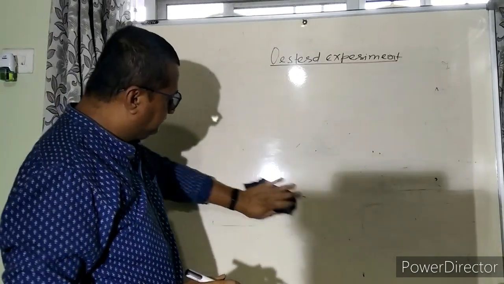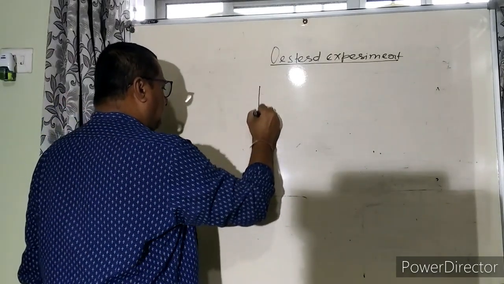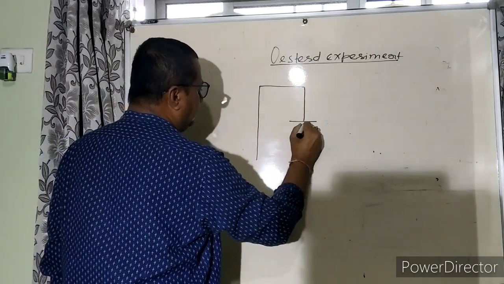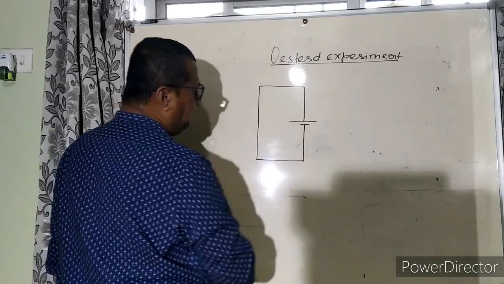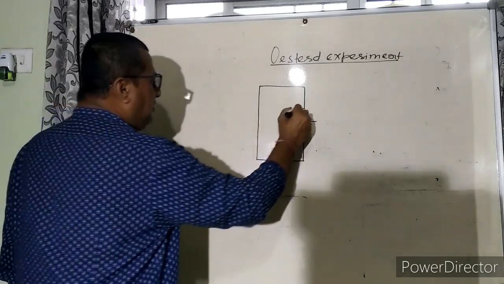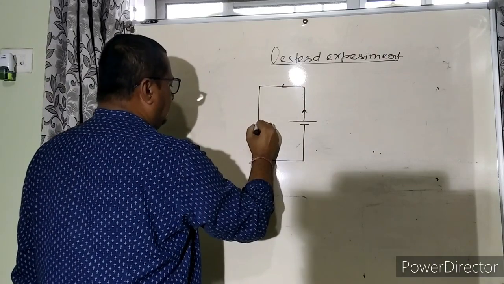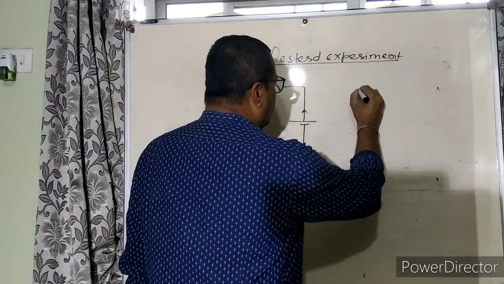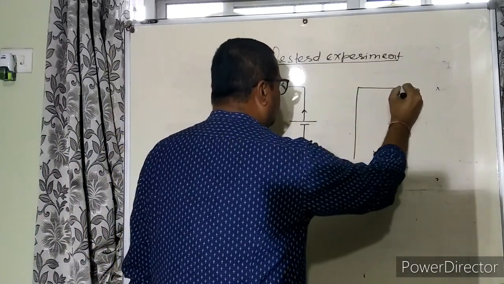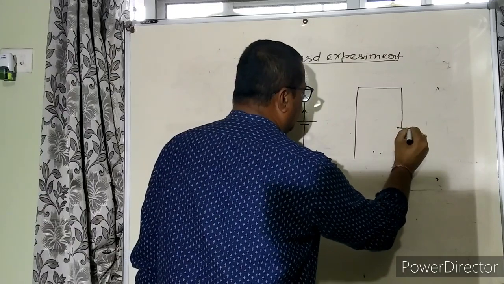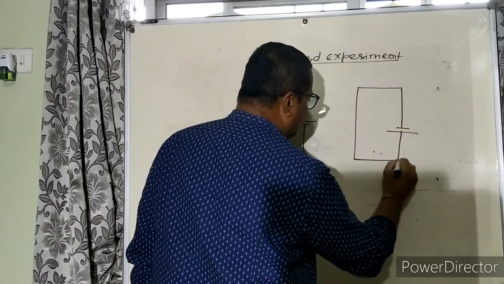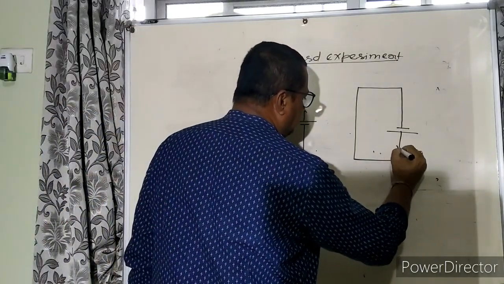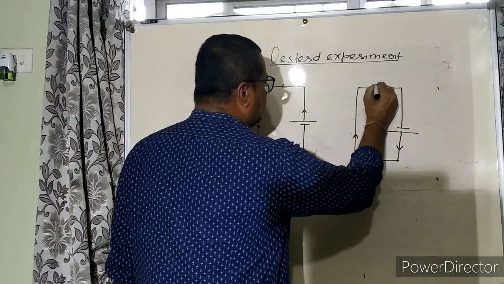He has taken a wire which is connected with the battery. Current is flowing along this direction. He has also taken another wire, but the polarity of the battery changed, due to which current is flowing along this direction.